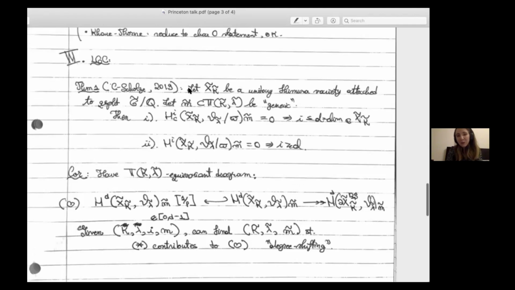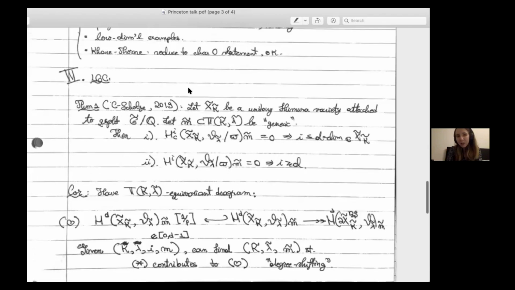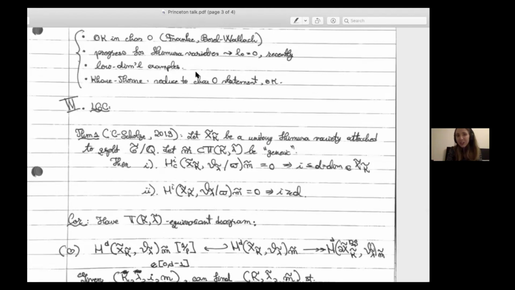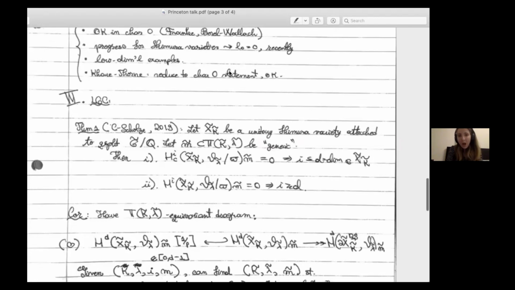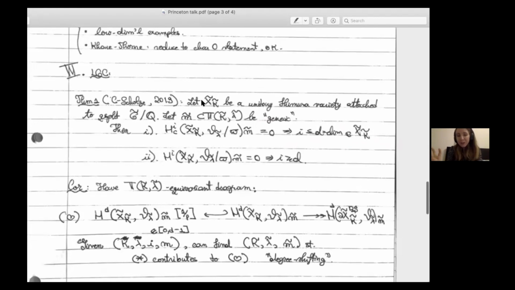This would be a finite analog of this temperedness condition that occurs in the theorem of Borel and Wallach. So there's some genericity condition like this, and then there's also a condition that the associated Galois representation to this m tilde is not necessarily absolutely irreducible, but at least has length no more than 2.